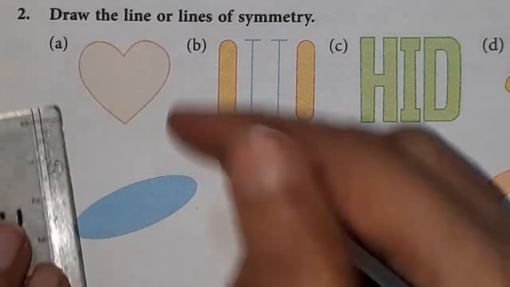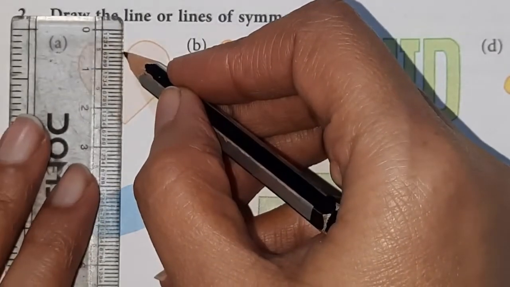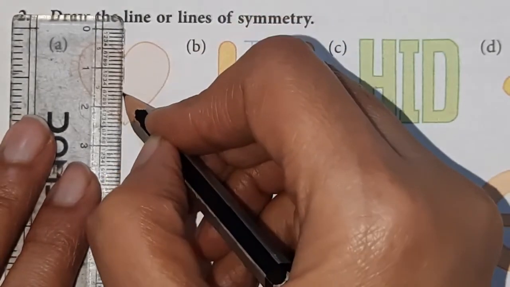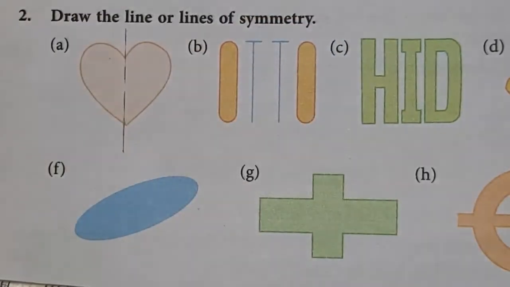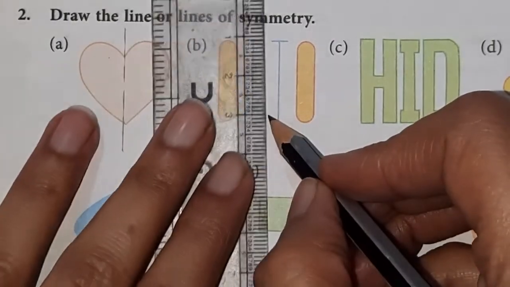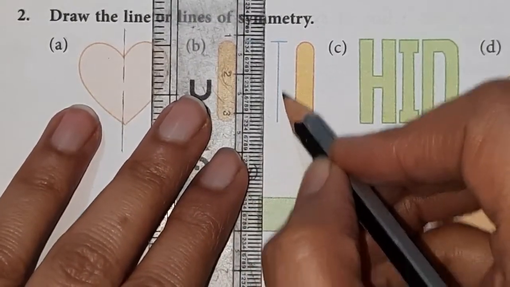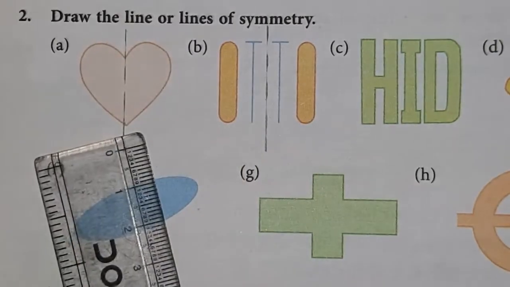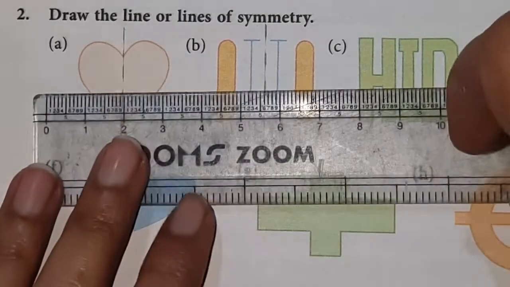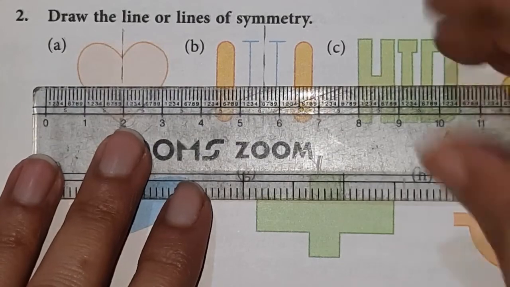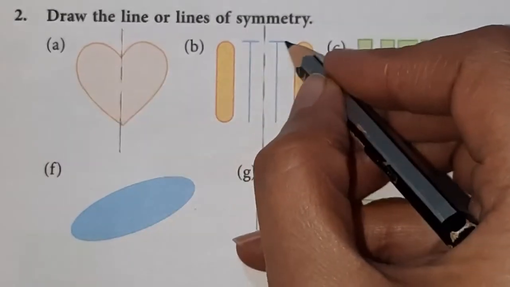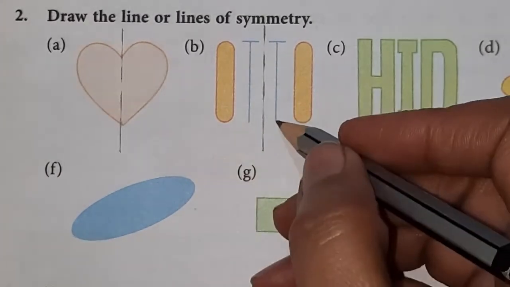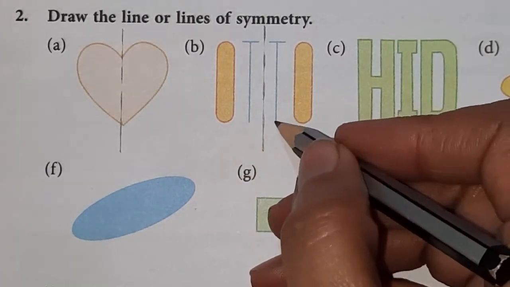So see, the heart shape has one line of symmetry. This shape, at the center you will draw. A horizontal line of symmetry can't be there because it is the shape of T, and in this bottom there is no horizontal line.